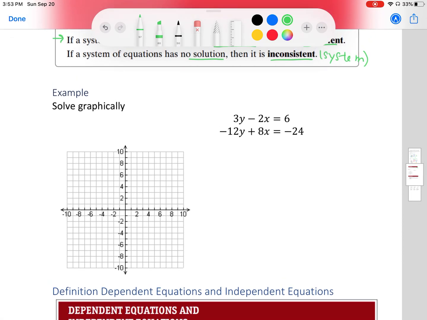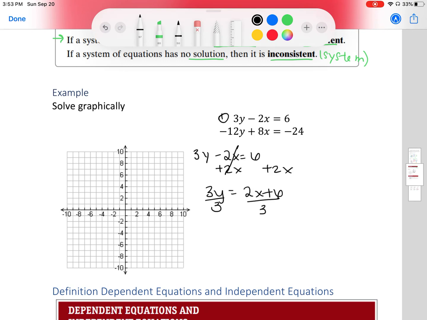Okay, now we have to solve for y. We have to do some work, or you can do intercepts. Let's see. So we solve for y on our first equation. We have 3y minus 2x equals 6. I want to get y by itself, so let's add 2x on both sides. We're left with 3y equals 2x plus 6.